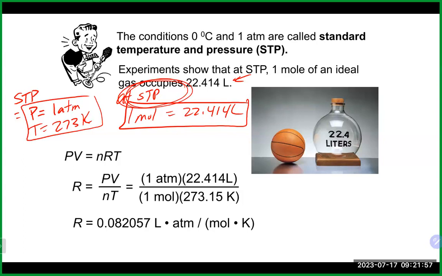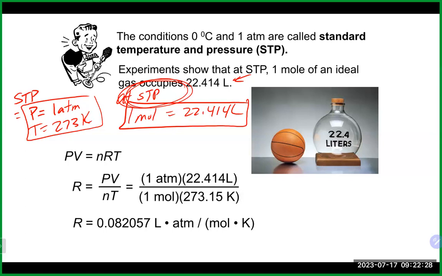So if it is at STP conditions, you have 2 options to solve your problem in most cases. You can use this conversion, or you could just use the ideal gas law and put in 273 and 1 atmosphere. So you could always use the ideal gas law, whether STP or non-STP conditions. If it is non-STP conditions, you should only use the ideal gas law. You should not use this conversion factor. Again, this is a conversion factor specific for STP conditions.